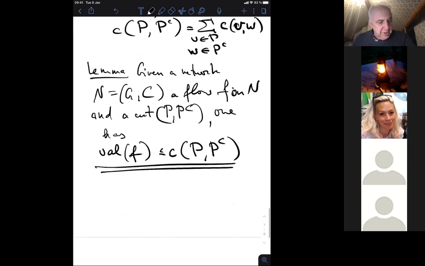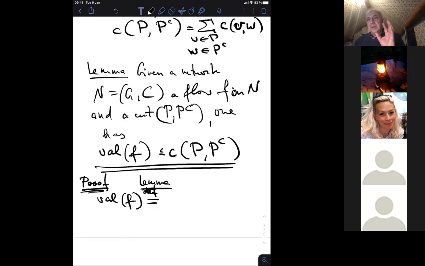After that, we'll be able to formulate our main result. So the value of the flow is by definition the total outflow from the source.